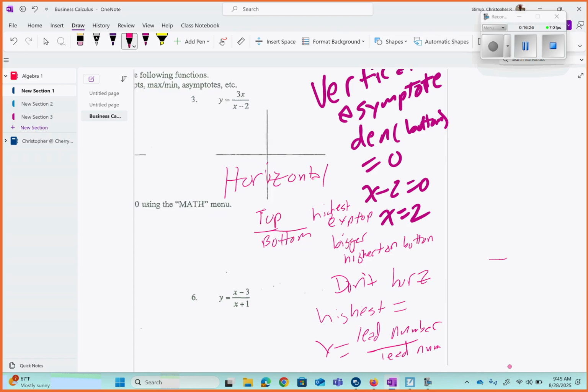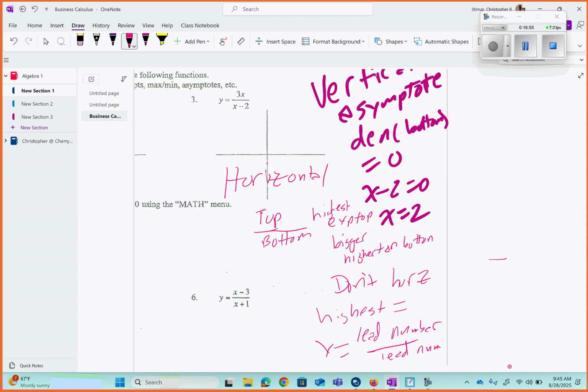I'm going to explain what that means. So if I had 3x to the fifth over 10x to the fifth, and the equation kept going, you're going to take this lead coefficient over this one, so that means that y equals 3/10 is your horizontal asymptote.